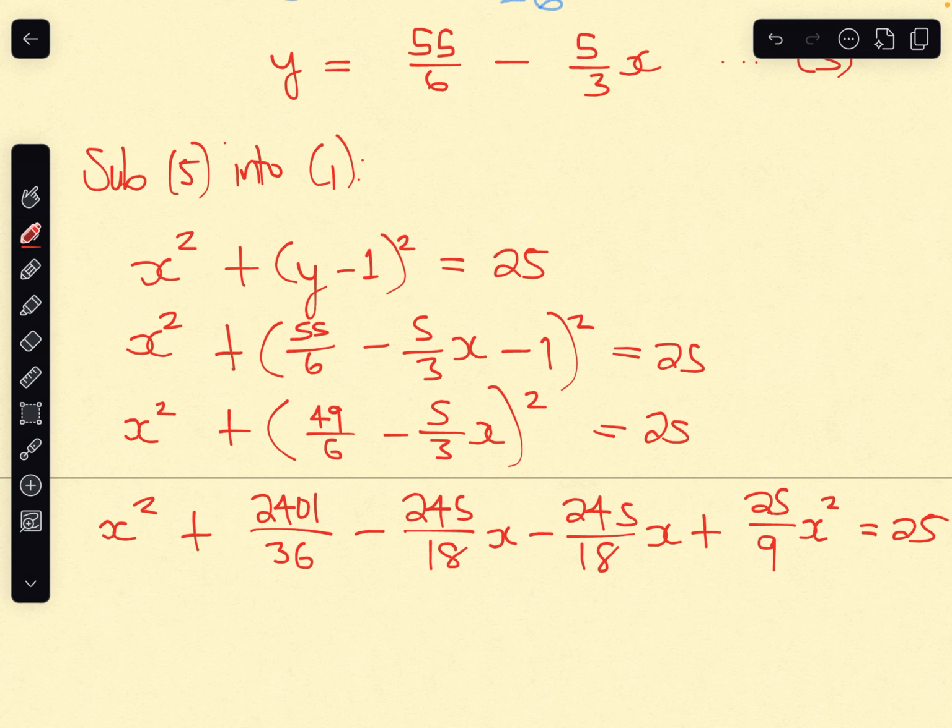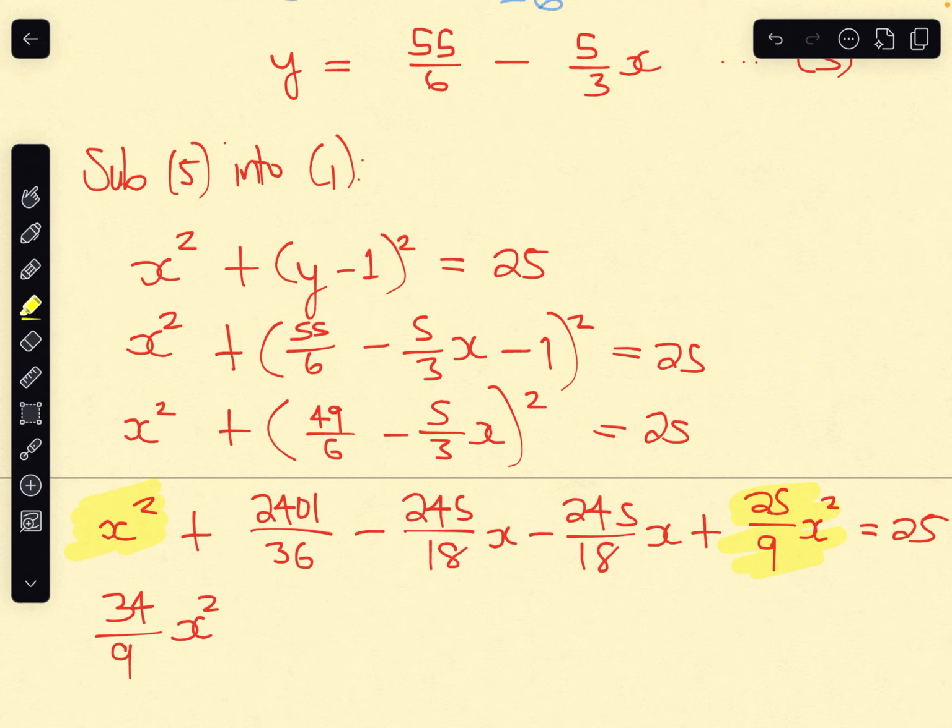Like terms, so x squared and another x squared term. This is 1x squared, which is just the same as 9 over 9. And if I add it to that, I end up with 34 over 9 x squared.